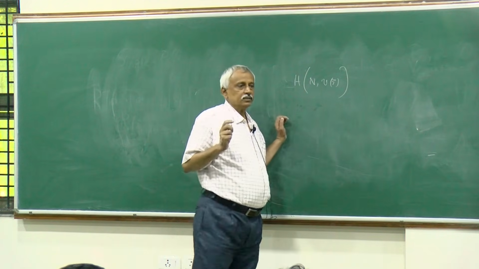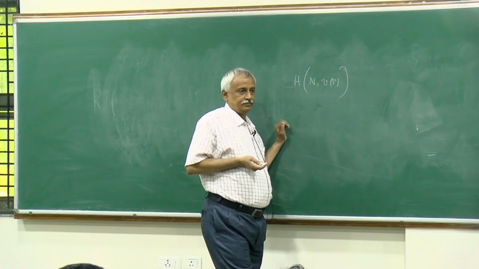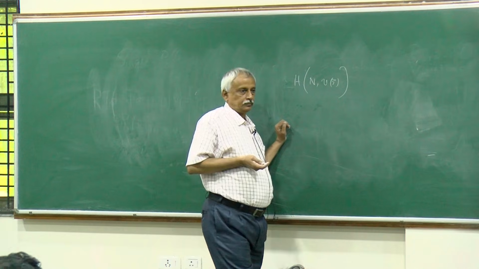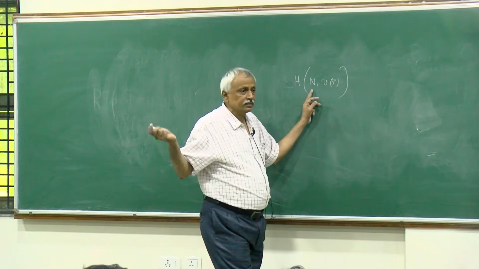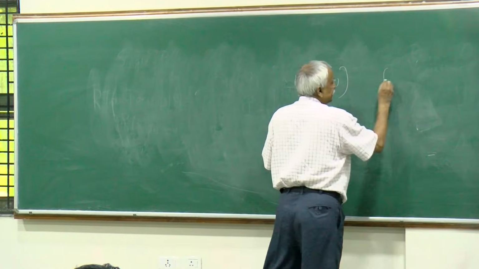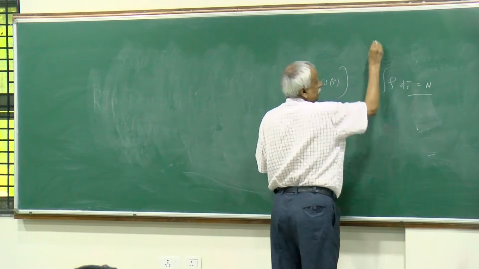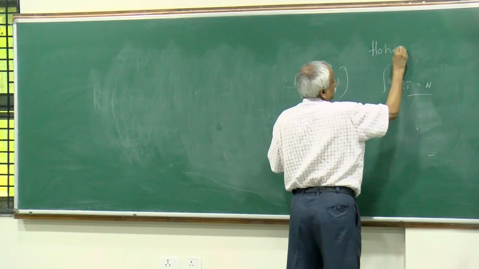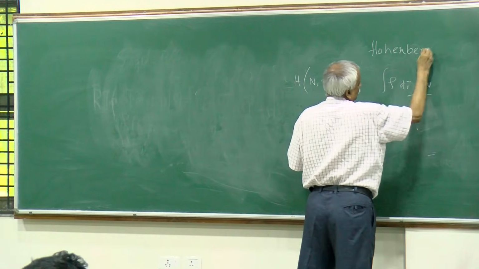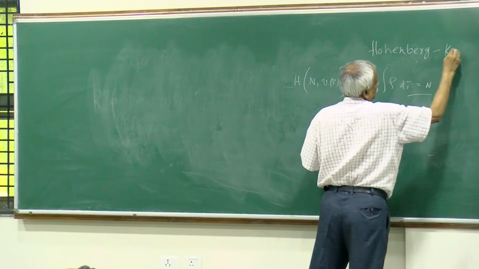Now the question is, if I know the density, getting N is a trivial job because I simply integrate. So I am going towards the Hohenberg-Kohn theorems.